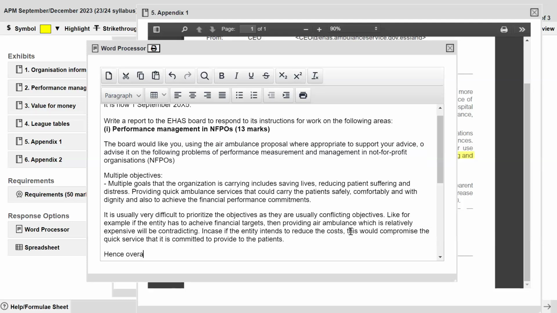Hence, overall, it is difficult to manage the objectives.